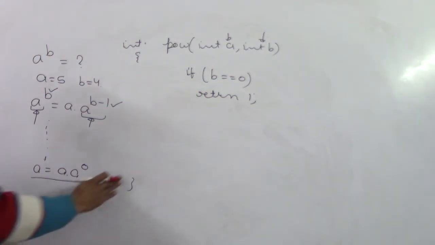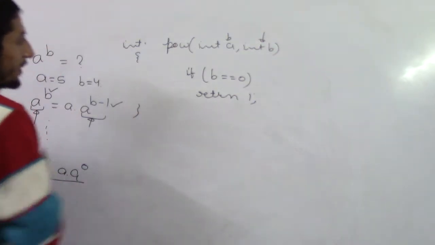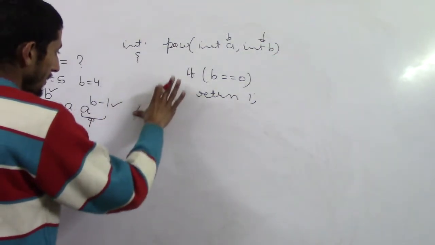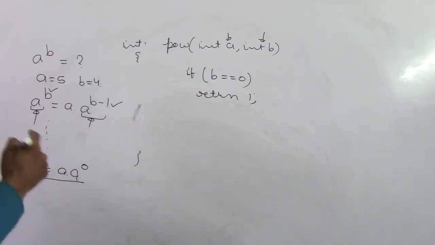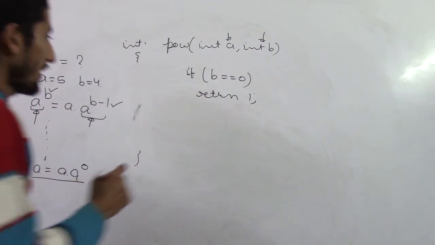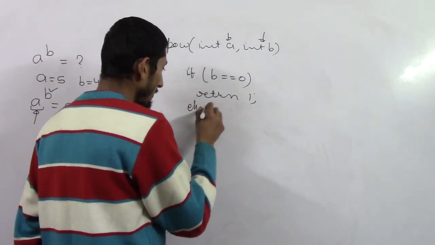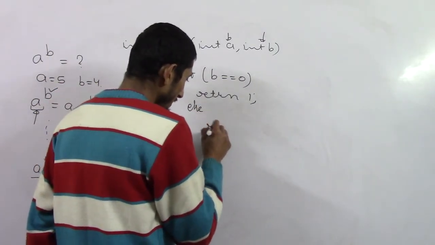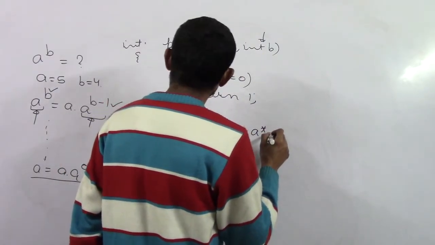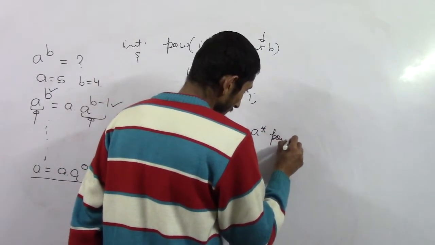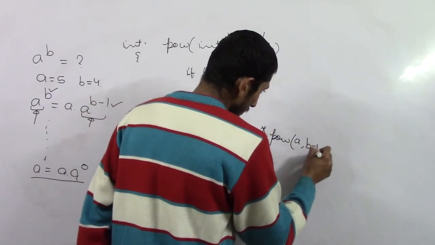If a number has power 0, it becomes 1. Else part, what I will do, I can write return A into power A, B minus 1.